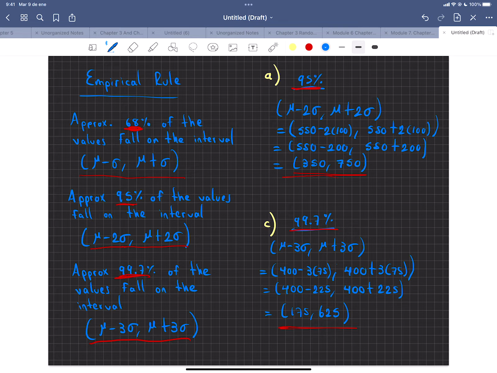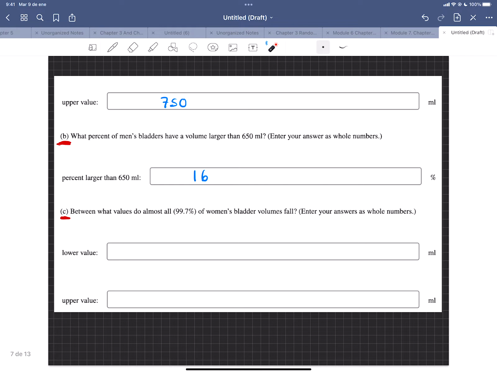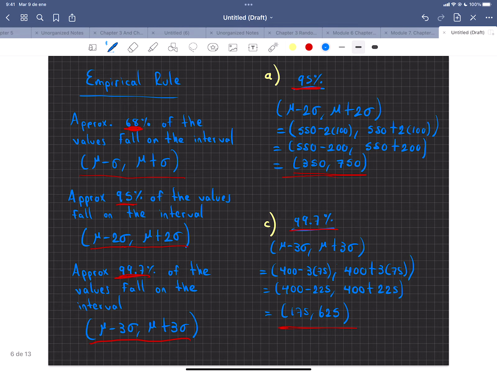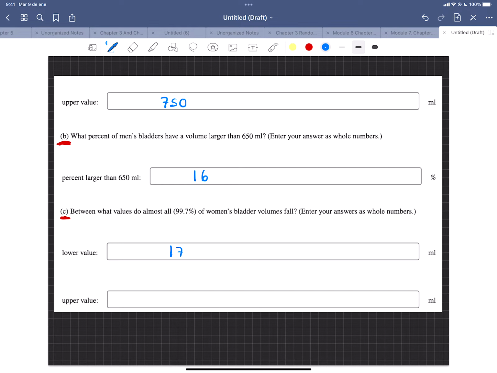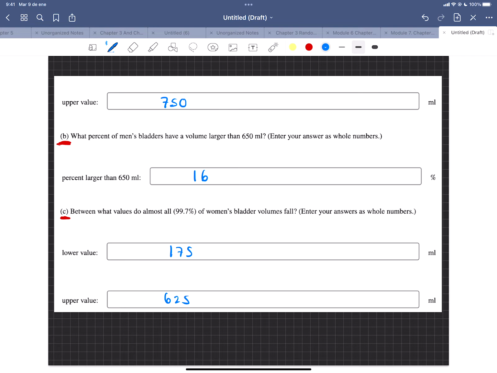Not most of the values, 99.7% to be more precise, of the values fall inside this interval. So what is the answer here then? Lower value 175 and upper value 625. You see? There you have.